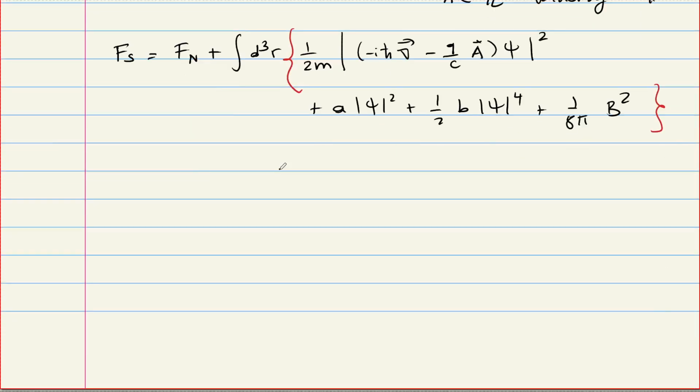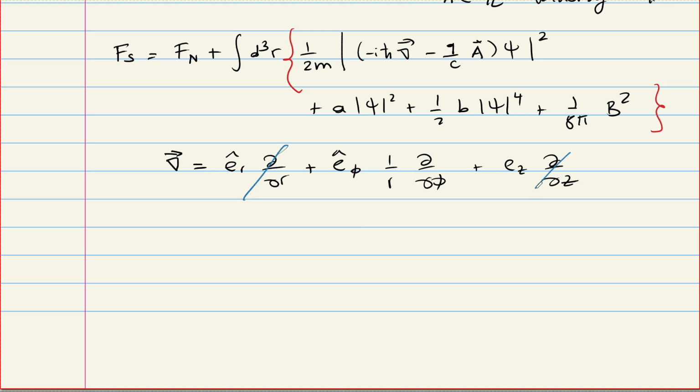And I will unpack the gradient in cylindrical coordinates. This is going to be some e_r del r plus some e_phi 1 over r del phi plus some e_z del z. And so this one and this one will not contribute because there is only the angular variable, all others are constant. Therefore, let me write this thing.